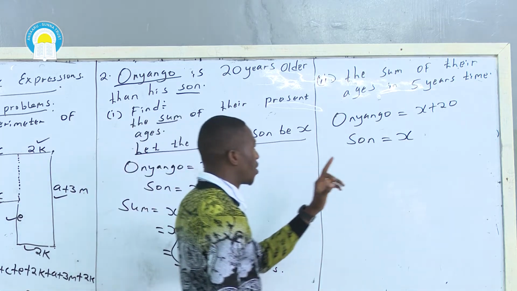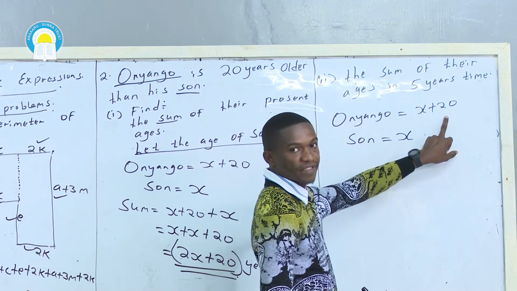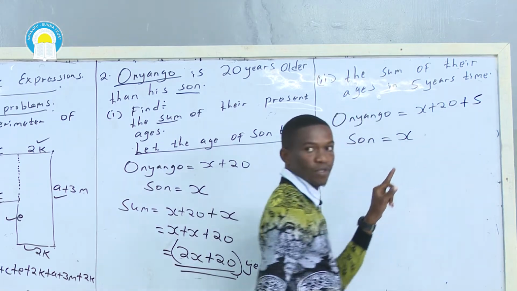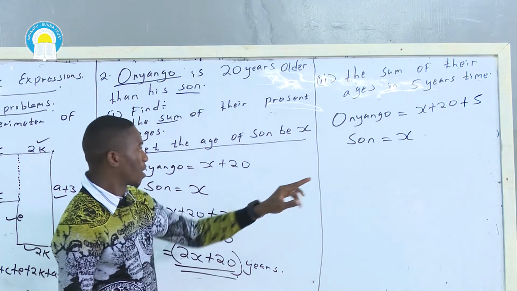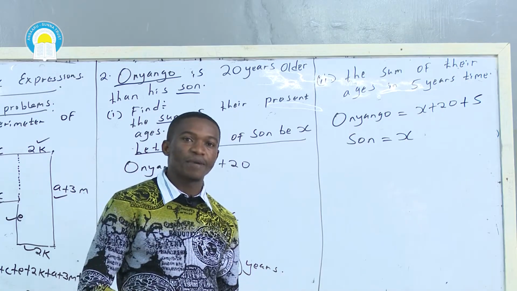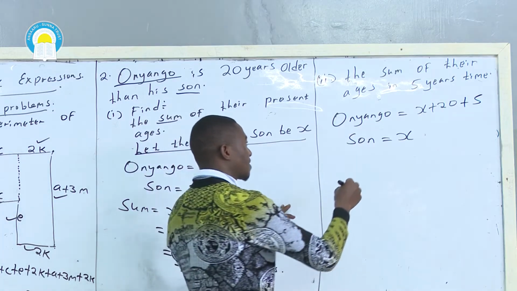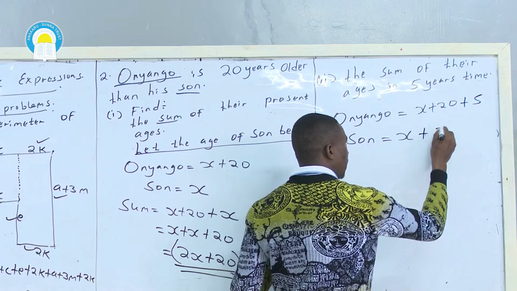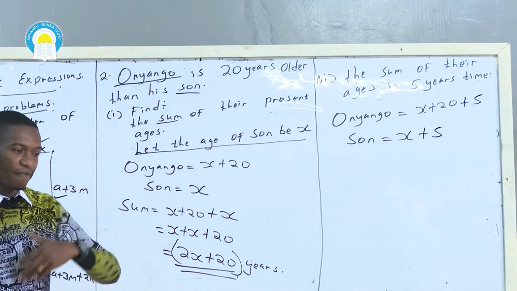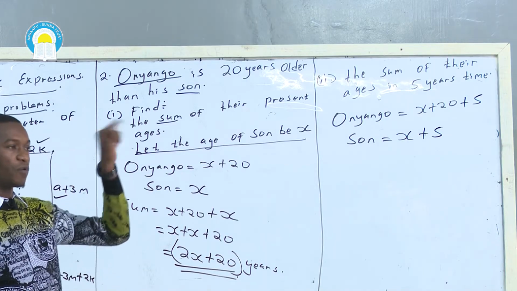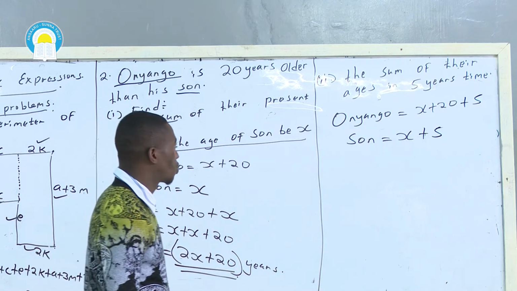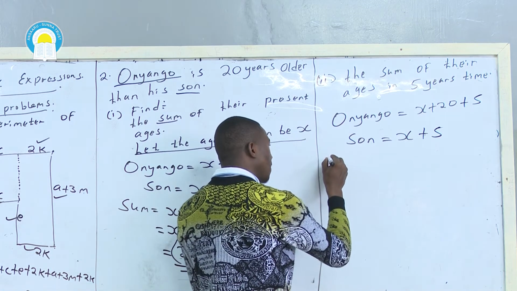The son's age is x right now; in 5 years time, the son's age will be x plus 5. It's a matter of just adding 5. 5 years time means future, so you add 5 to your present age.